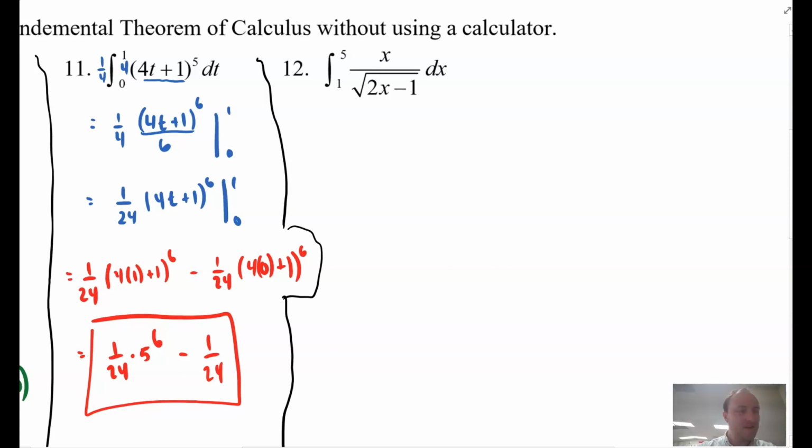So I'll get this ready to go, and what I'm going to say is let U be equal to 2x plus 1, okay, which means that U minus 1 is equal to 2x, which means that x is equal to 1/2 U minus 1/2.